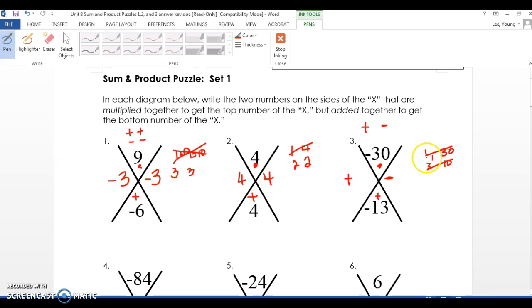Remember, we skip a number, 1, 3, and then we should try 2 and 15. If you try 2 and 15, one of them should be negative, so we make 15 negative. Then 2 plus -15 will be -13. So +2, -15.